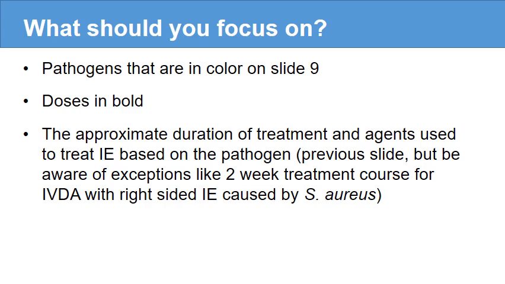Whereas if it was, say, a native valve infection caused by Strep bovis and it was penicillin susceptible, then potentially you can use like penicillin or ceftriaxone 4 weeks, something of that nature. So you don't have to know everything word for word, but just be able to kind of identify what would make sense based on the pathogen and the type of infection.